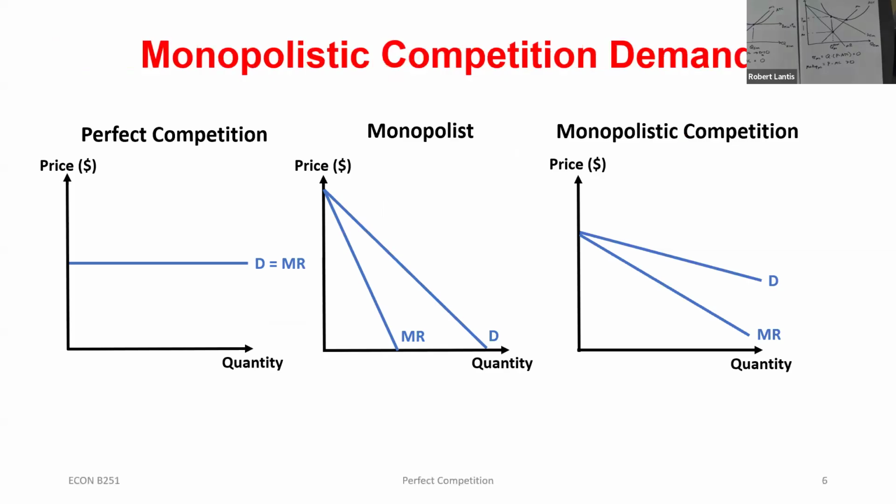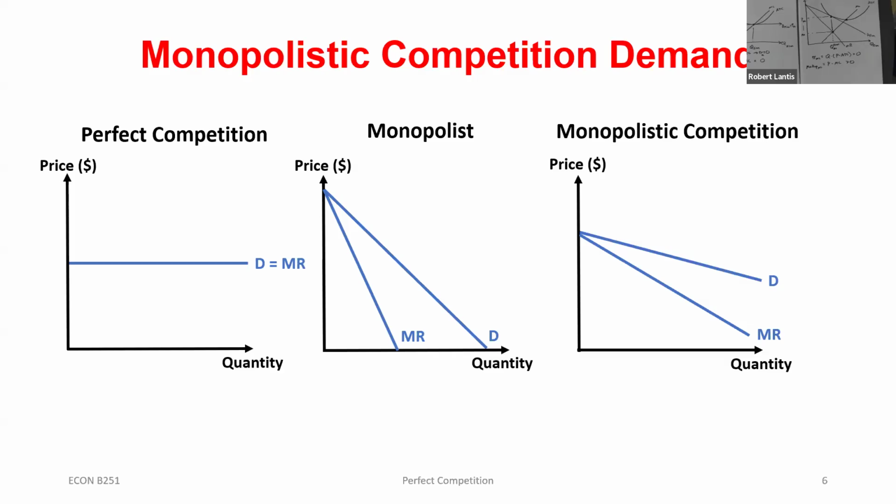So I've got the different depictions here as well. We can just take a little bit more of a step back. So here's the firm's demand curve if it's a perfectly competitive market. It's just horizontal, right? For my monopolist, their demand curve for that firm is the entire market demand. So I've tried to draw this in a way, and it may not be super clear, but I'll try to point out here. If I am in a monopolistic competitive market, we said there's many sellers, so let's say there's 20.